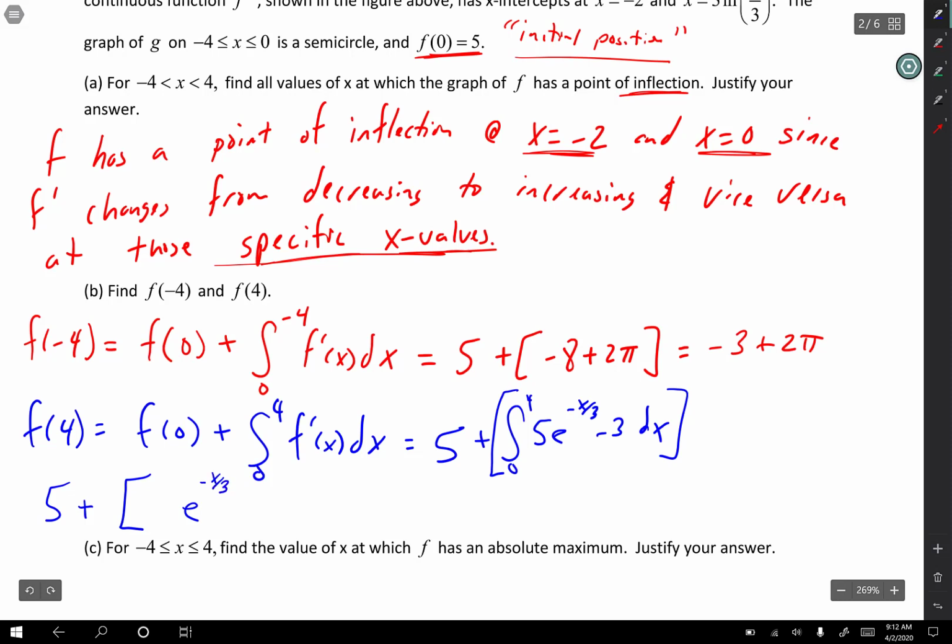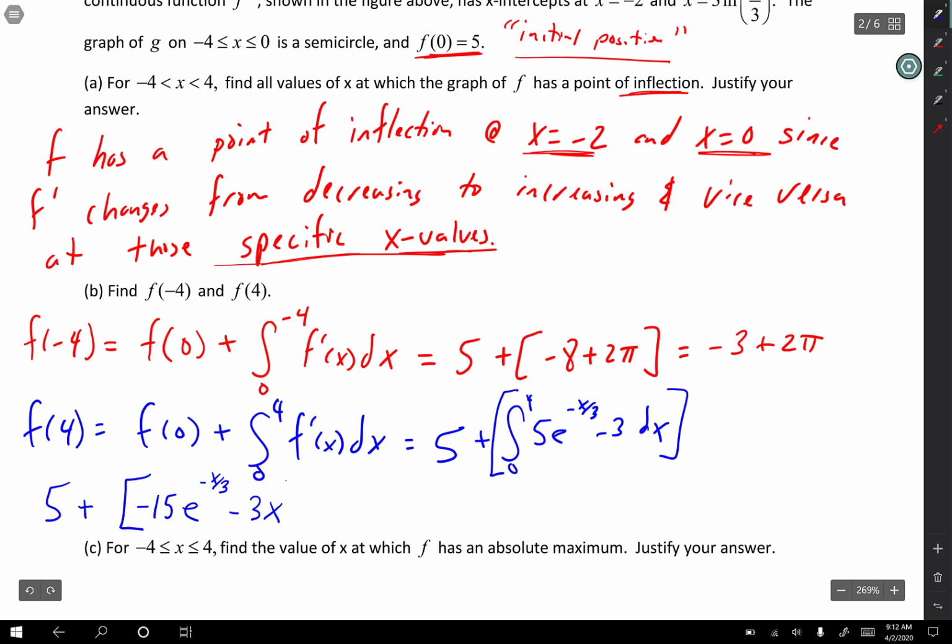And I still have a 5 right here, but before I write the 5, the antiderivative of e to the negative x over 3, if I would have taken the derivative, I would have had a negative 1/3 e to the negative x over 3. But I don't have a negative 1/3 because I'm doing the antiderivative, so I have to do the reciprocal of 1/3, which is negative 3. So 5 times negative 3 is negative 15. So negative 15.